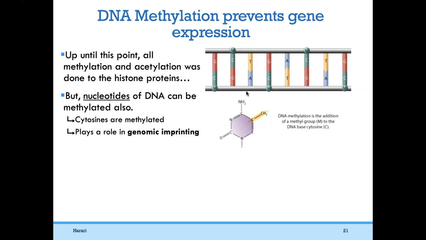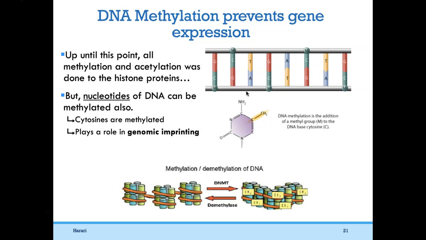Or I should say, when sperm and egg come together in the early zygote, certain genes are kind of silenced from the dad, and some are silenced from the mom. And it's completely random, as far as we know. This is called genomic imprinting. Right? Certain genes are methylated, certain genes are demethylated. And only one of each gene is turned on in early development. And again, it's enzymes that do this, methylate or demethylate DNA.